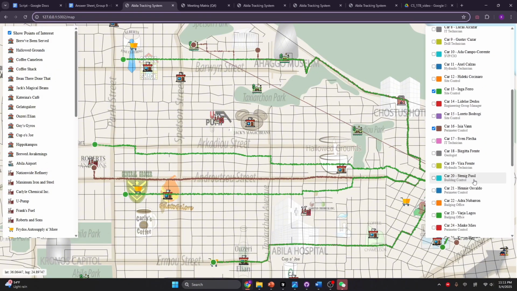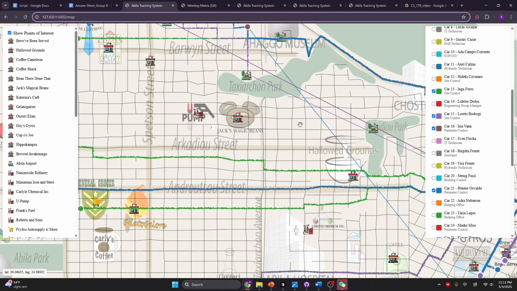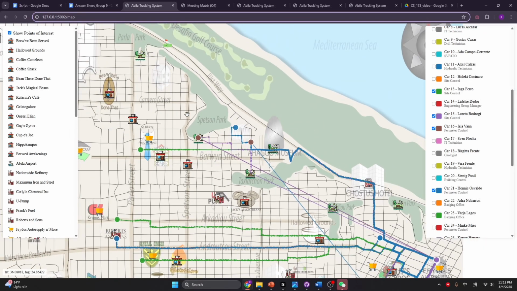Let me show you guys. Yeah, they all like to stay around this area at night for only 2 to 4 hours. This is very suspicious, so we think they are doing something bad, and they are probably accomplices.